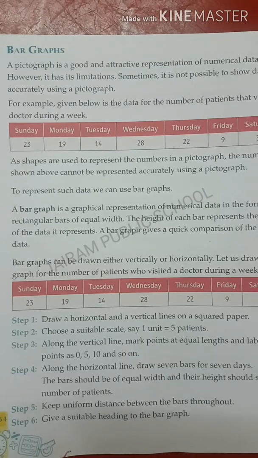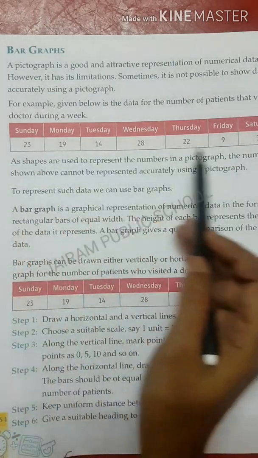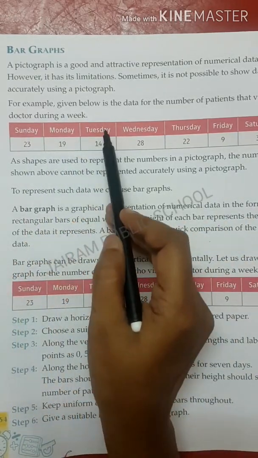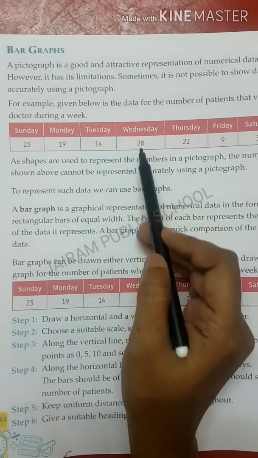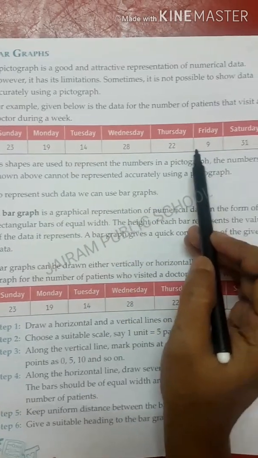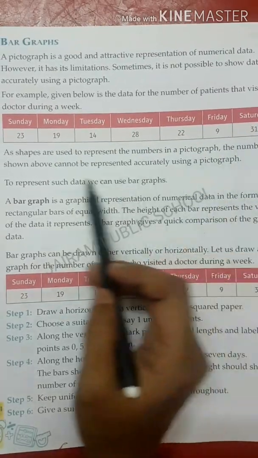For example, given below is the data for the number of patients that visit a doctor during a week. Sunday 23, Monday 19, Tuesday 14, Wednesday 28, Thursday 22, Friday 9 and Saturday 31.